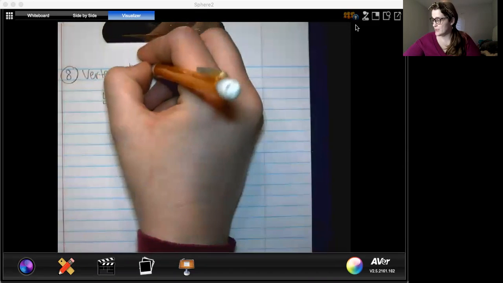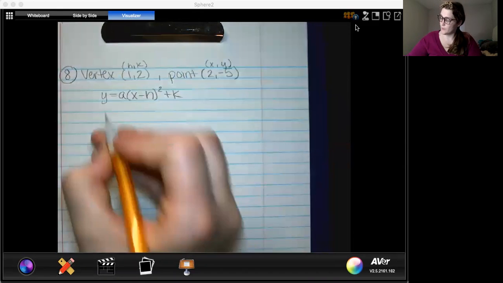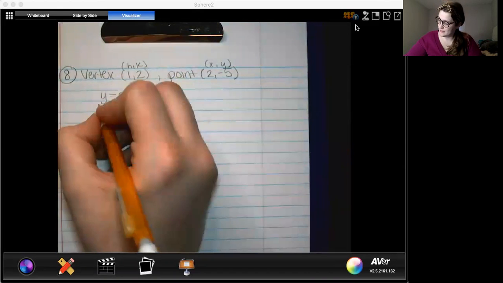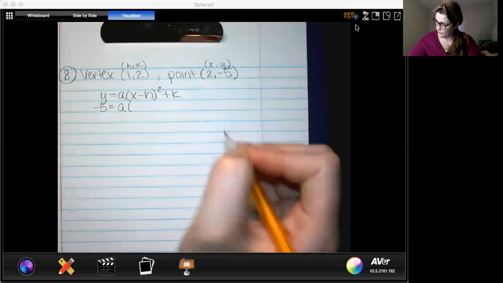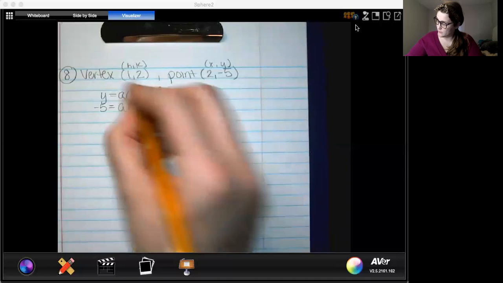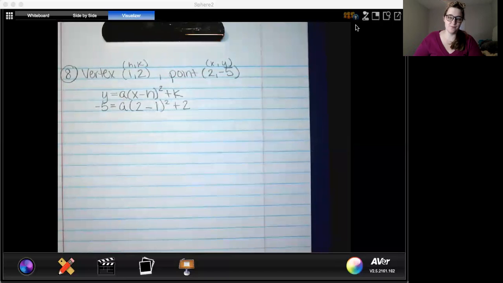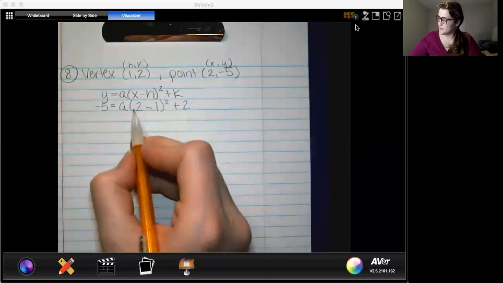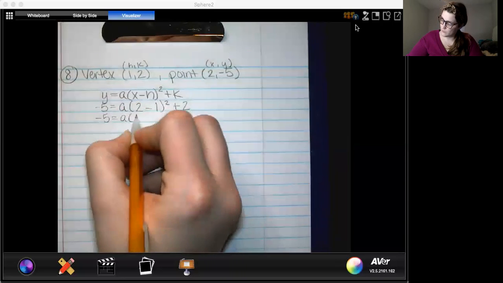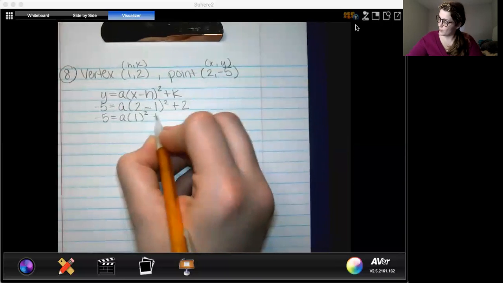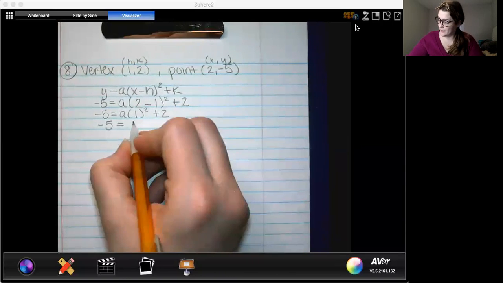The vertex is h, k, and our point is x, y. So that would look like -5 equals a times 2 minus 1 quantity squared plus 2. And then we simplify. 2 minus 1 is 1. 1 squared would leave me with just 1a, so a.